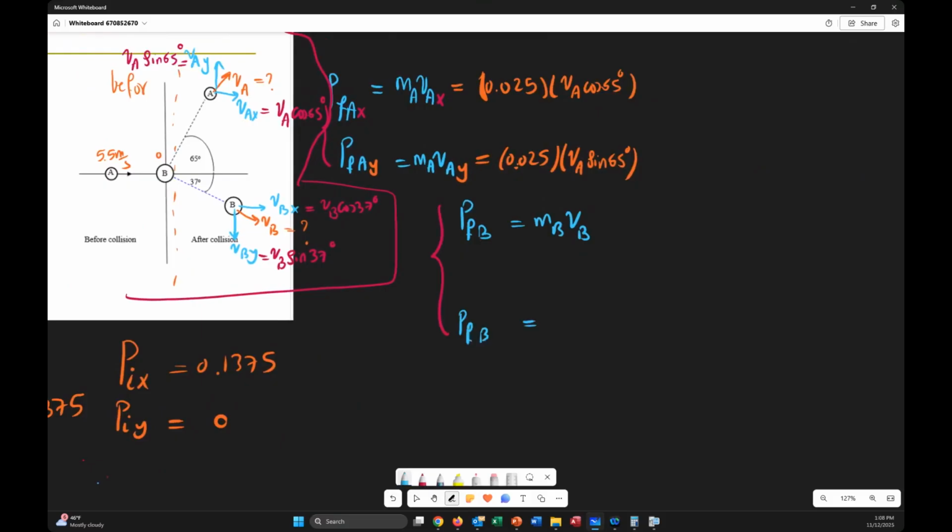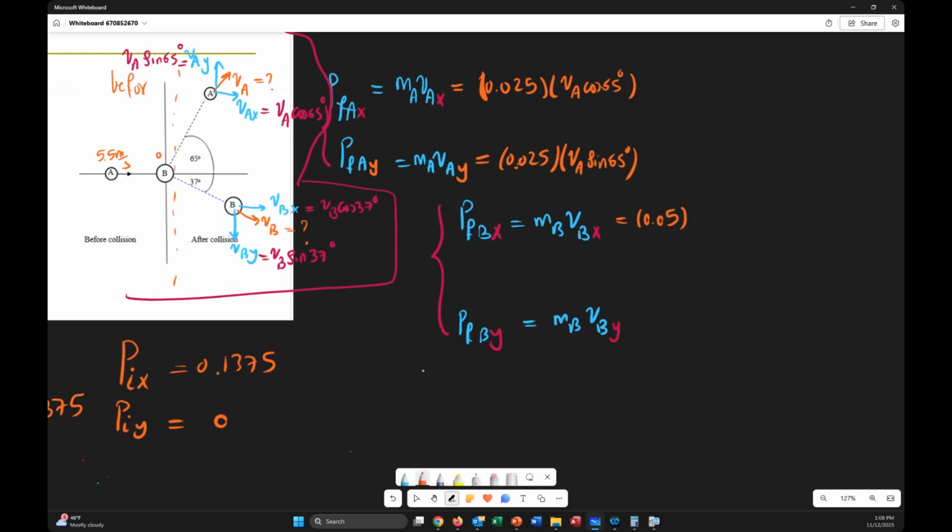PFB equals MB VB, yes. What is the first one? X-axis. What is the second one? Y. Okay, what was the mass of B? 0.05.